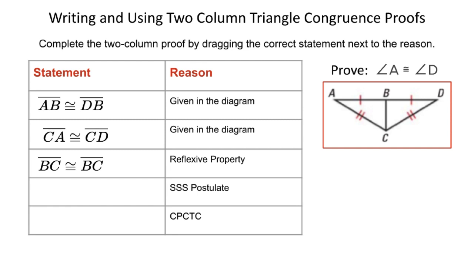So by the side-side-side triangle congruence postulate, we can say triangle CAB, notice the order that I'm traveling around those letters, C to A to B, is congruent to triangle CDB by side-side-side. And now I can prove by CPCTC that angle A, the middle letter in the first triangle name, is congruent to angle D, the middle letter.